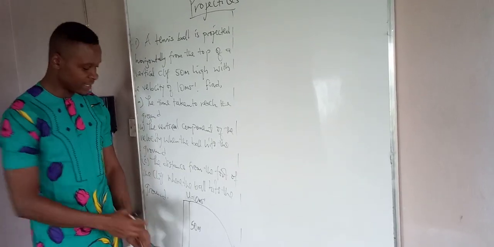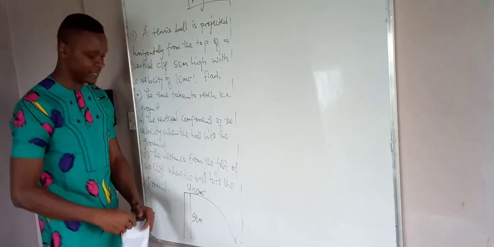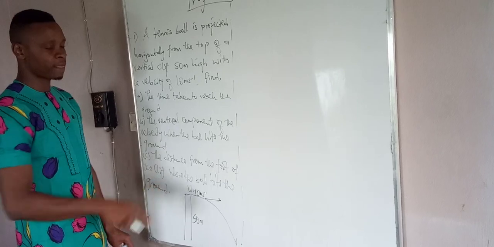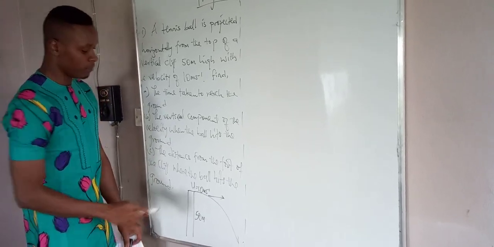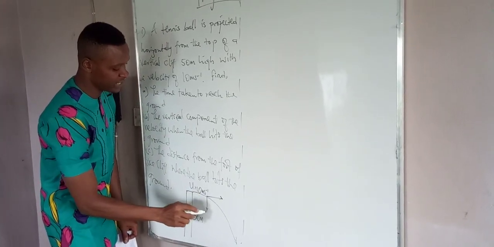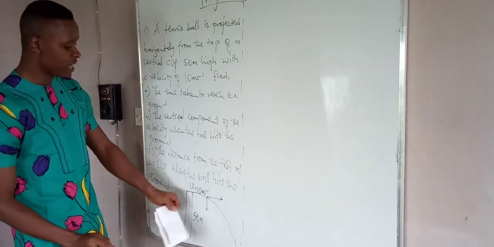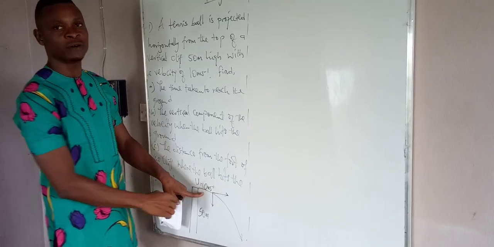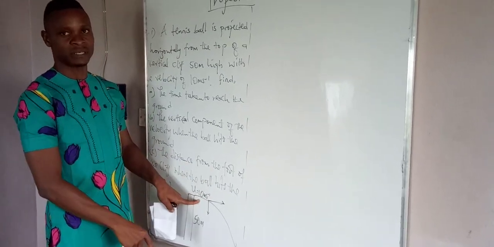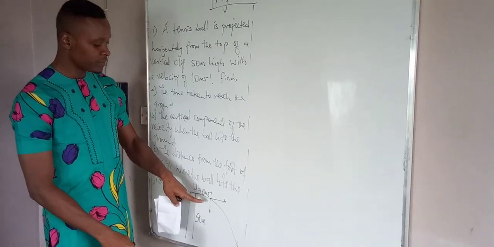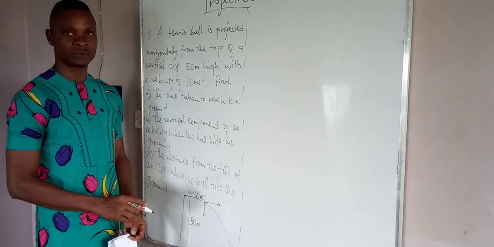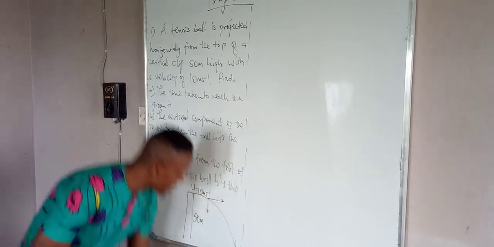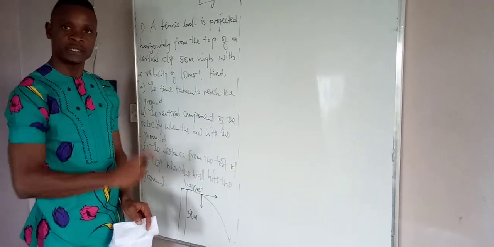This initial velocity only takes the body in the horizontal direction, but doesn't have any effect in bringing it down. Why? Because the effective active force bringing it down is acceleration due to gravity. It is gravitational pull that brings the body down. So as a result, the initial velocity only has effect in the horizontal direction.